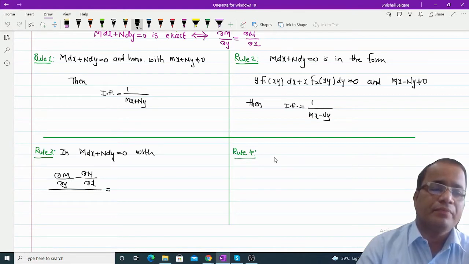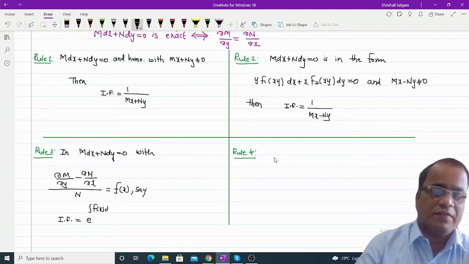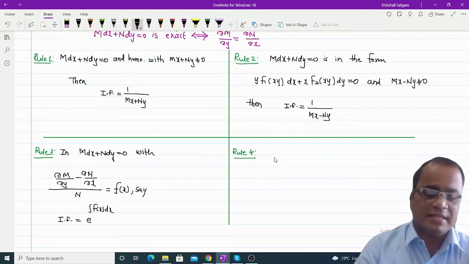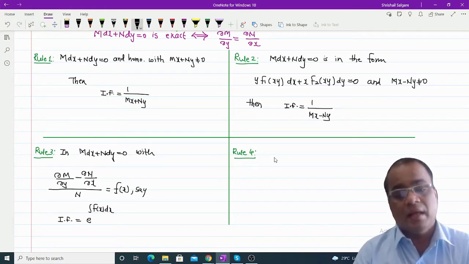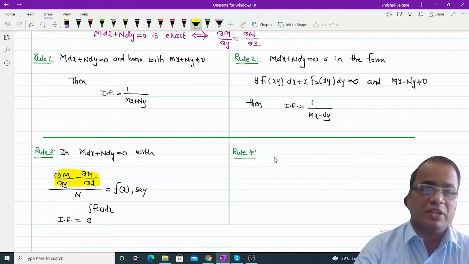N, and it is a function of which variable? x. Suppose it is f of x, then the integrating factor is given by e to the power integration of f(x) dx. When the given equation is non-exact, we can see that the numerator is different from 0 because these two derivatives are not equal.